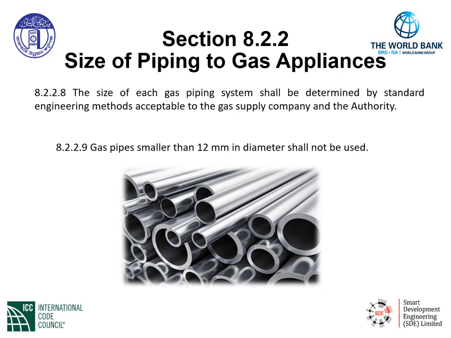Gas pipes smaller than 12 millimeter in diameter shall not be used. This is the first requirement that is limiting the materials that are permitted to be used. So in this case, we cannot use any piping smaller than 12 millimeter in diameter.